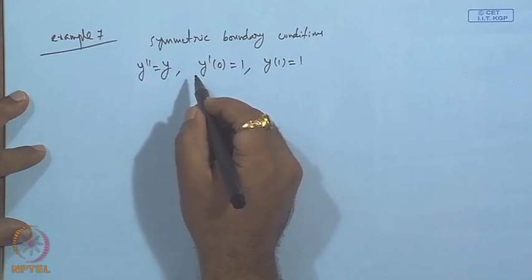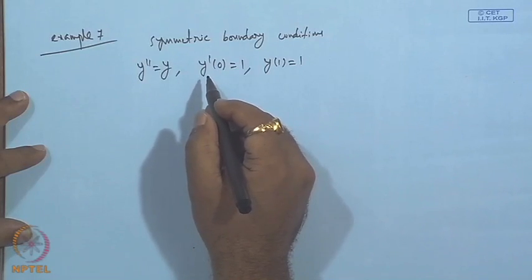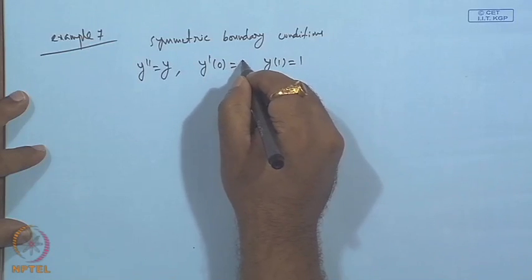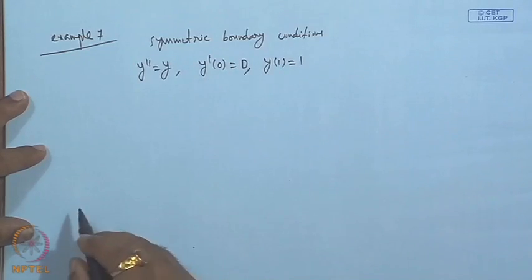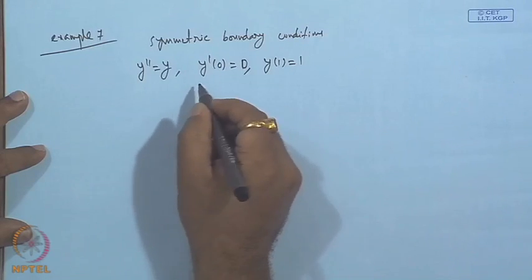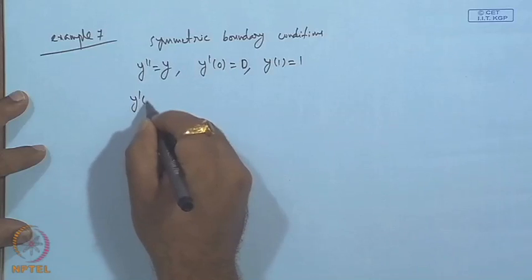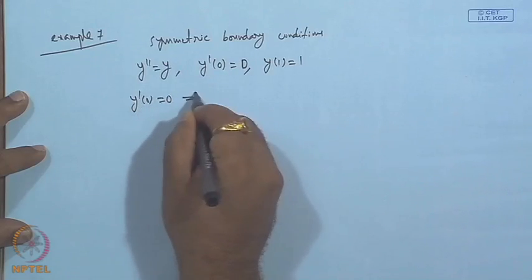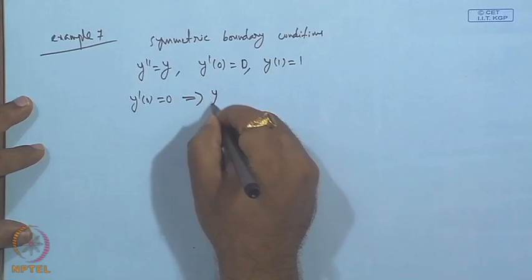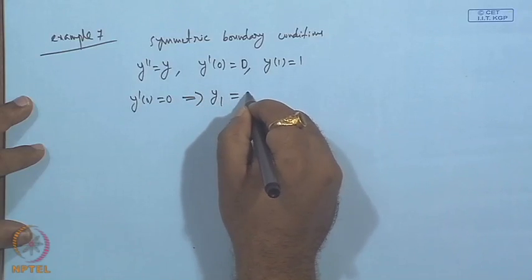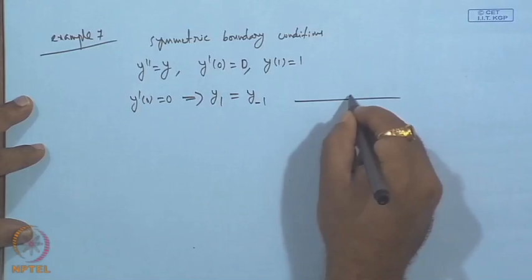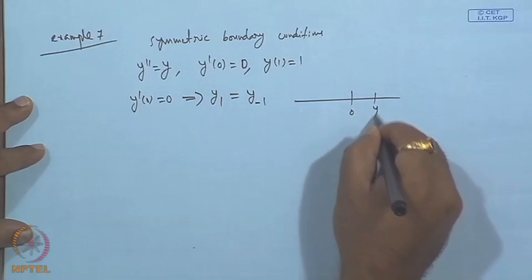So, if we discretize, suppose the condition is this. Okay. Suppose if we discretize y dash of 0 is 0, this implies y 1 equals. So, this is posing symmetry.